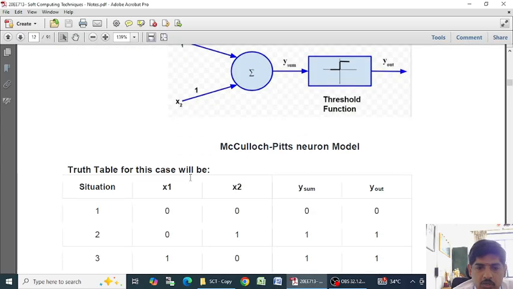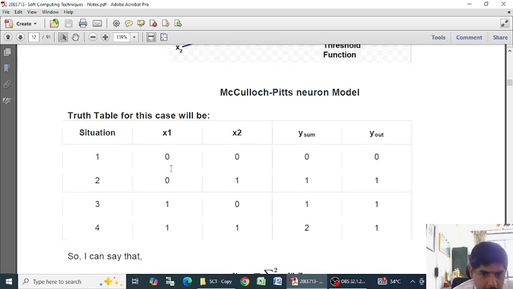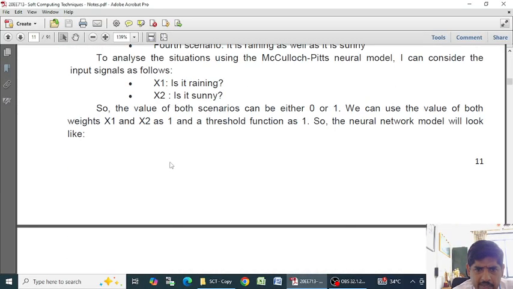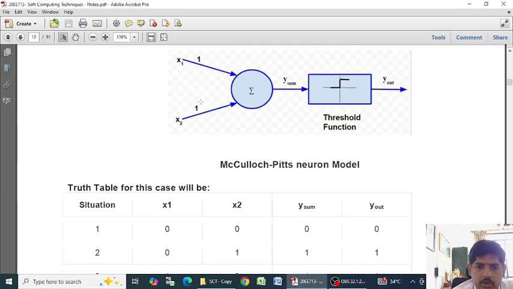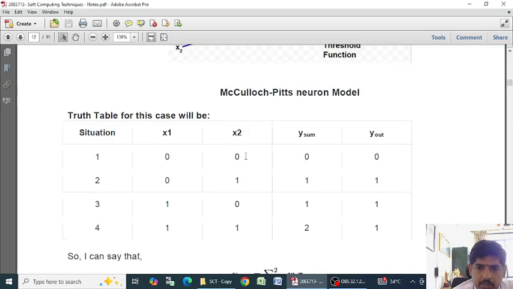What is the truth table for this scenario? There is no rain and no sun, so x1 is 0 and x2 is 0. Here x1 is rainy and x2 is sunny. The sum is 0, so the output is 0, and there is no need to carry the umbrella.